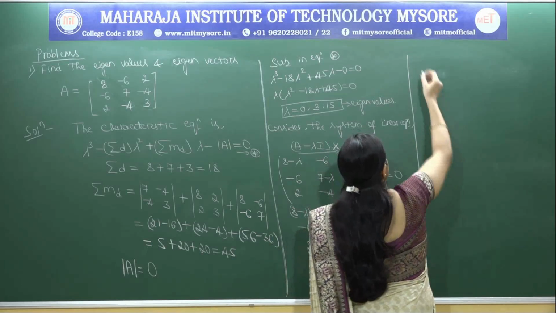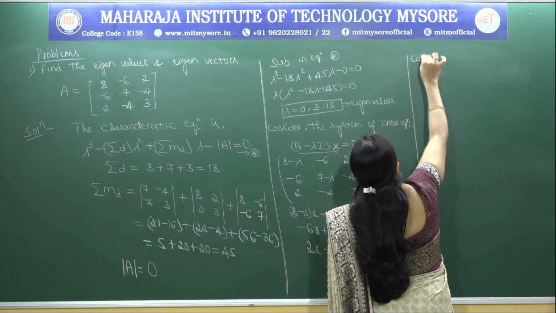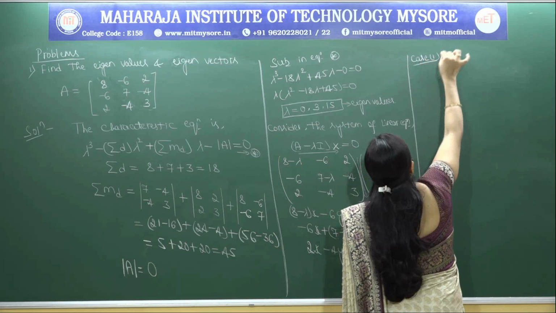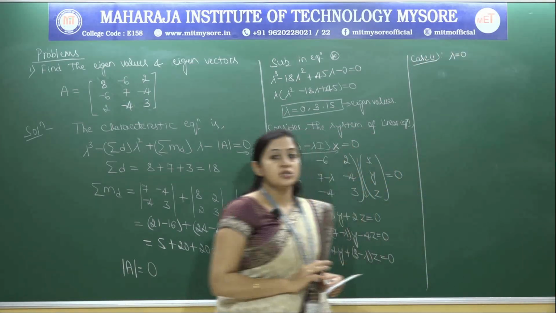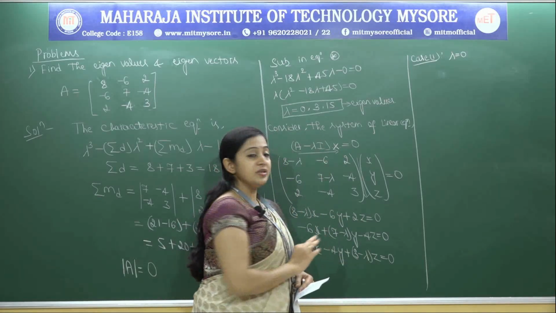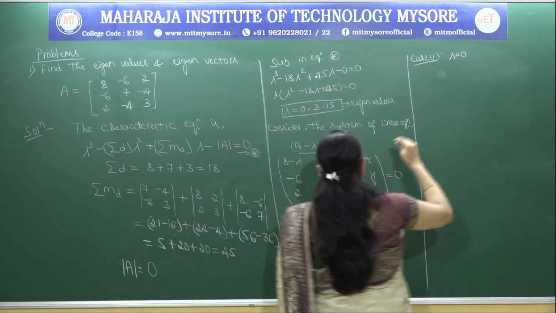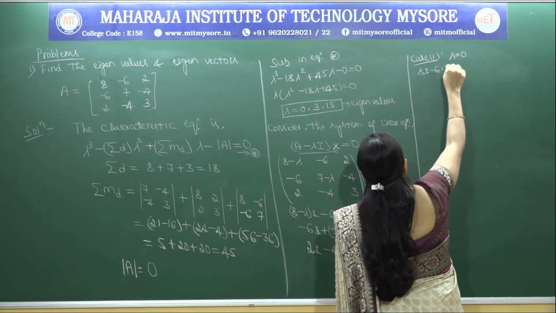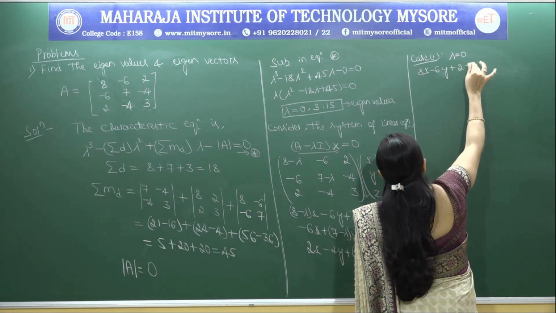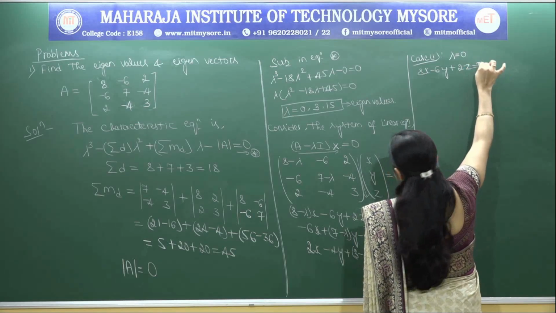The first one, case 1, put lambda equals 0 in the given system of equations. The first one you will get 8x minus 6y plus 2z equals 0.